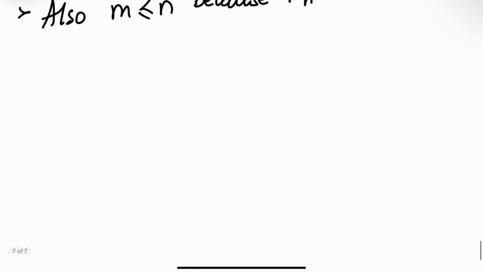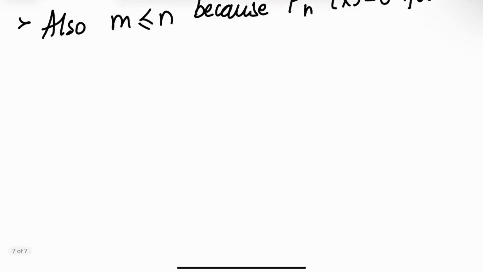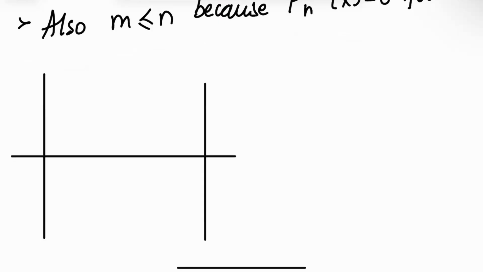Okay, so what do these functions actually look like? So let's see that. So we'll treat just a couple of cases. So here I'm drawing P_n^0 of x. Okay, these functions look something like this.